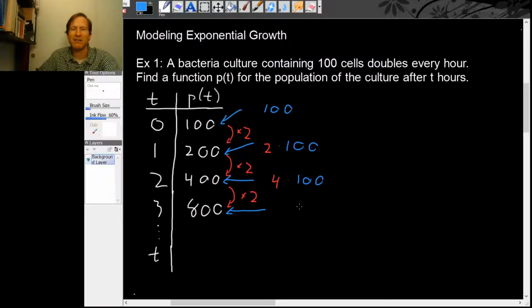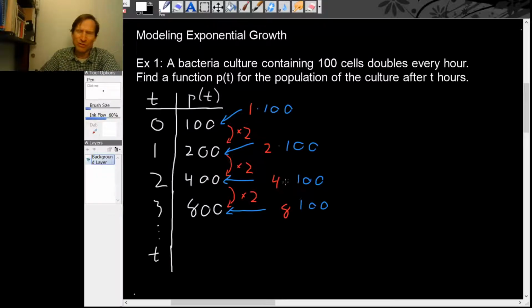And after 3 hours, it's the 100 cells that you start with, but multiplied by 8. So thinking of t being 0, 1, 2, and 3, we get these multiples. I guess even at time 0, there's a times 1 right here.